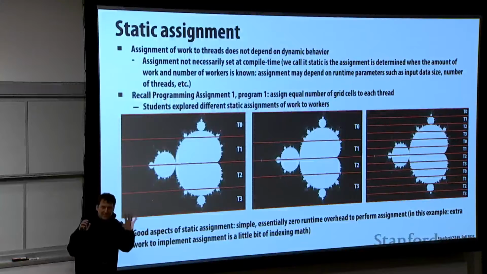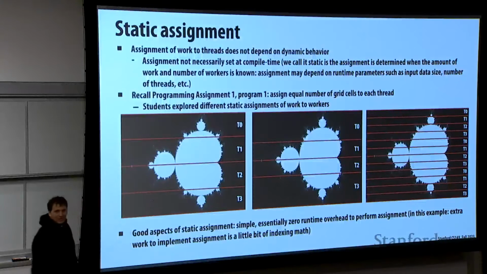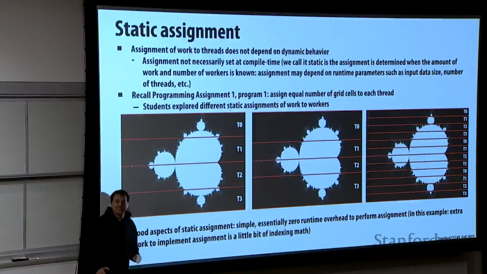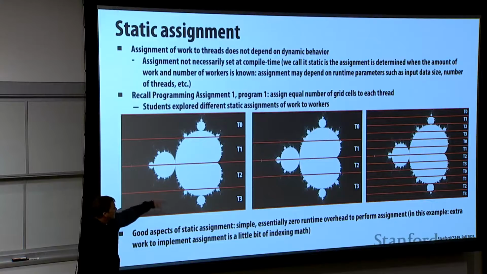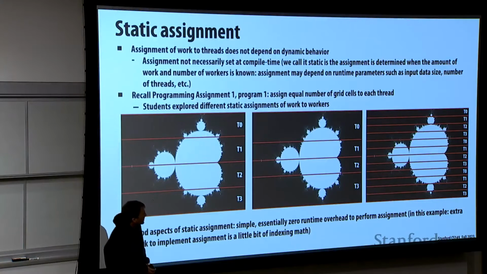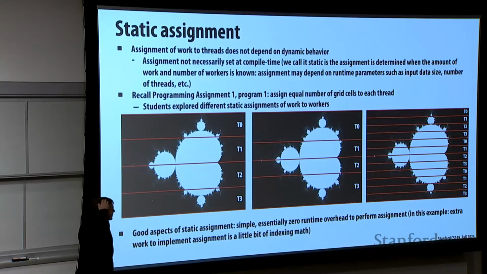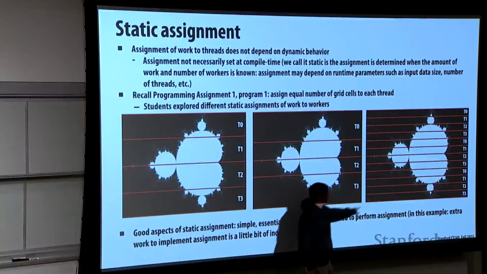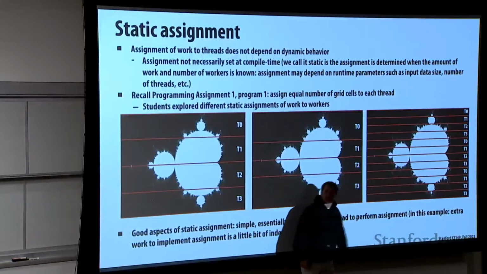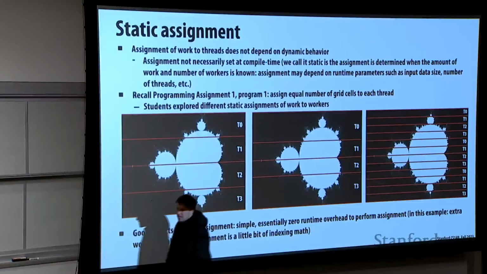Now we need to kind of dig in a little bit on what we mean by even. So on program 1, evenly meant same number of pixels, right? And so here are a couple of different strategies for breaking that work up. So this was the original version of assignment 1. If these were actually pixel-sized rows, you might have ended up with a solution that looked a little bit like this.